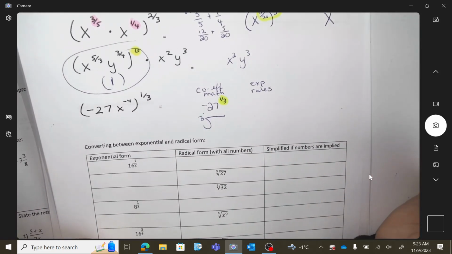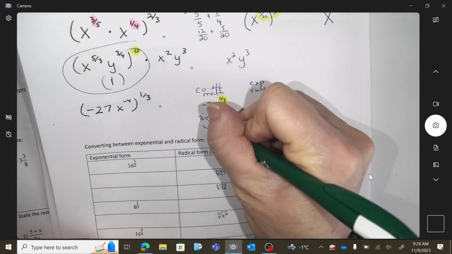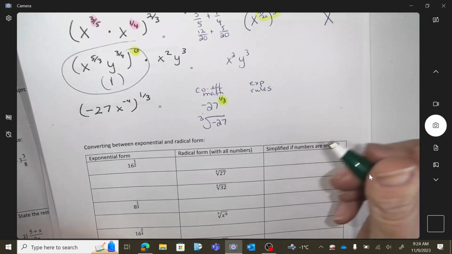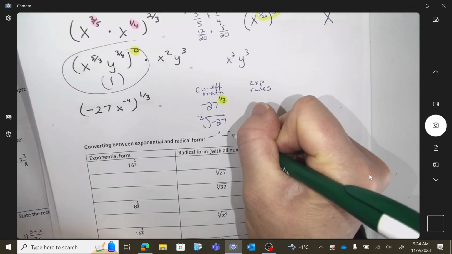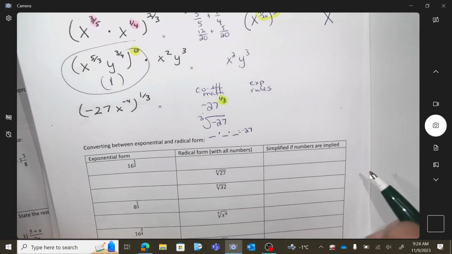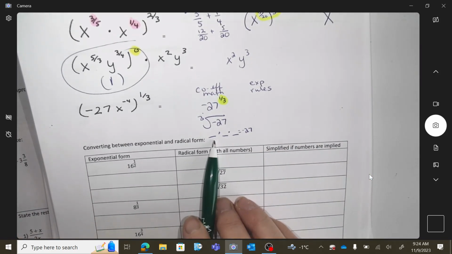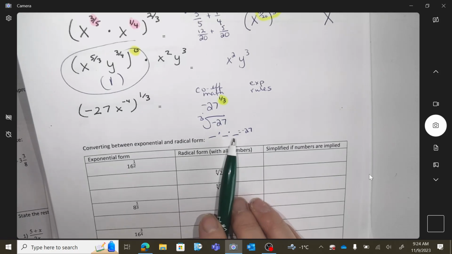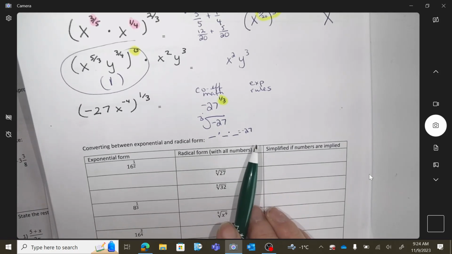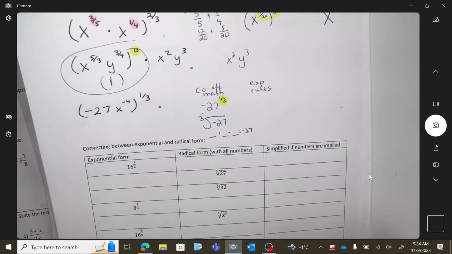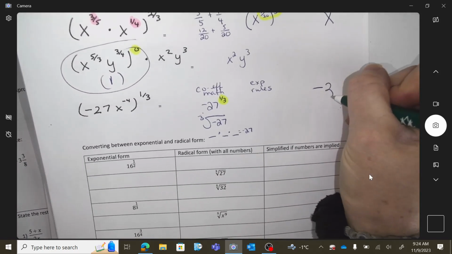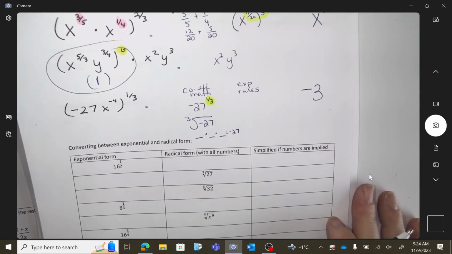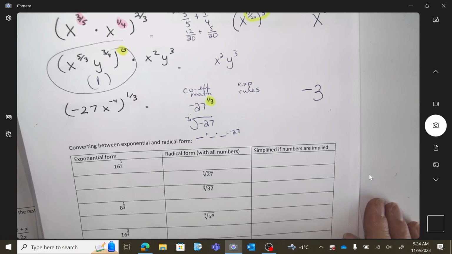Cube rooting. So can you think of something that would go times, times, times, and then end up as a negative 27? Negative 3. So that's the coefficient math.